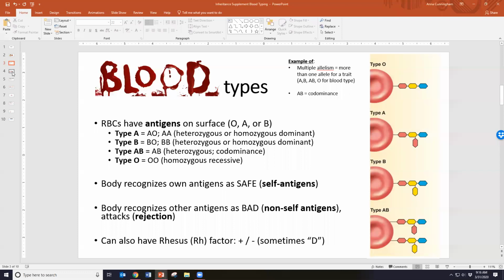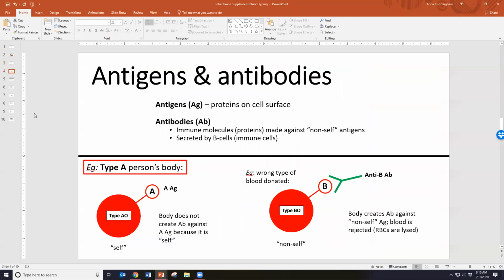So I made this slide to try to make things a little bit clearer with what we're talking about when we're talking about these antigens. Just a reminder, an antigen is just a protein on the cell surface. So if you look on the left for an example, let's say you have type AO blood.